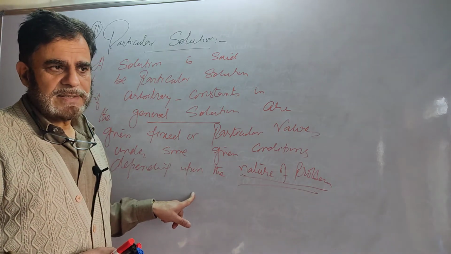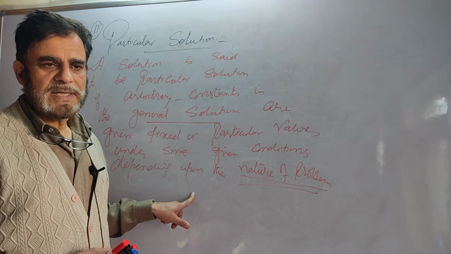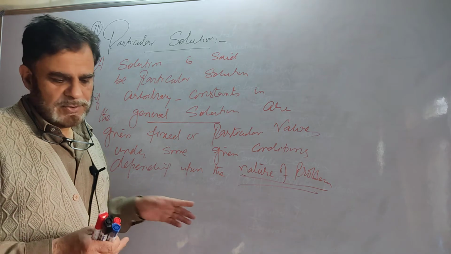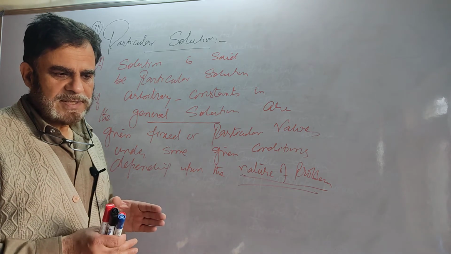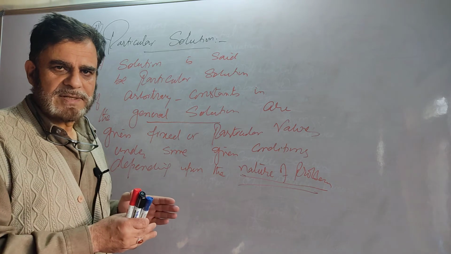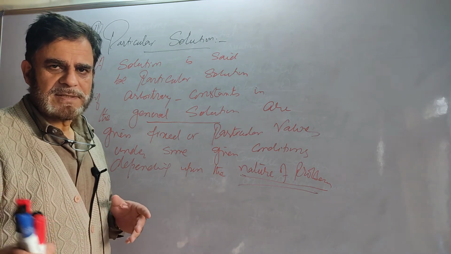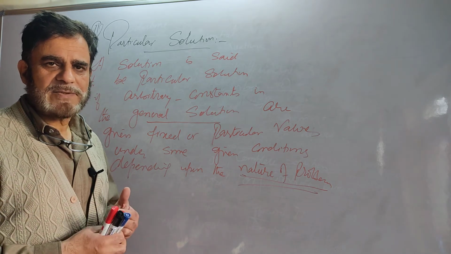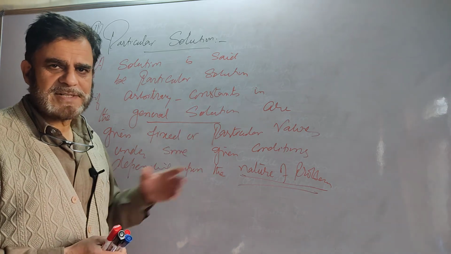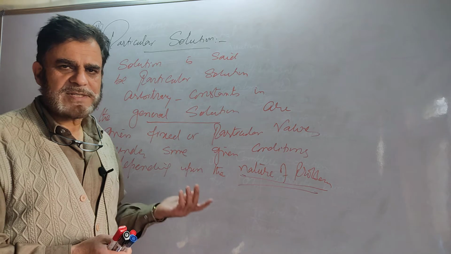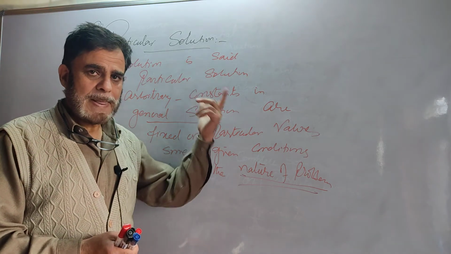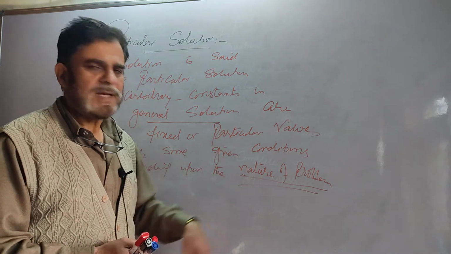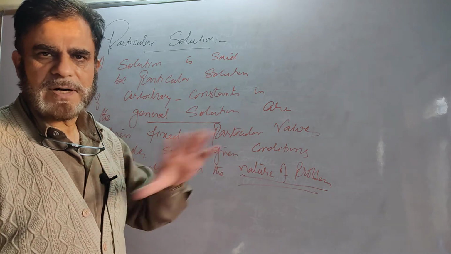Suppose in a differential equation we have the motion of a body, simple harmonic motion, and you are given what is the velocity of the body at the initial point, what is the final velocity when it moves some distance, and when it stops somewhere, what is the value of velocity. You use these things. That is initial boundary conditions. When you use the boundary conditions, you get the constants which were involved in the general solution. When you get those constants by given particular conditions of the given problem, we get the solution that will not now involve arbitrary constants.